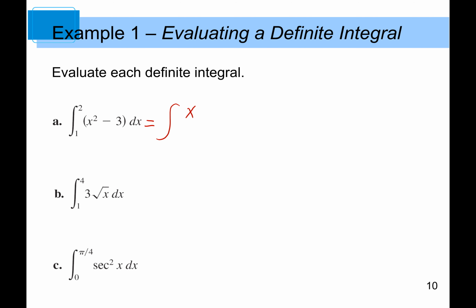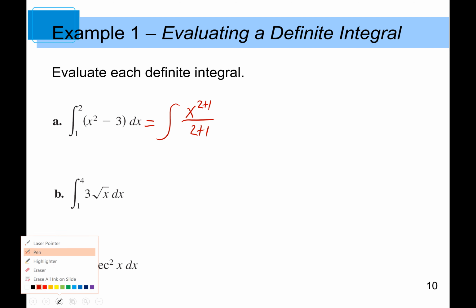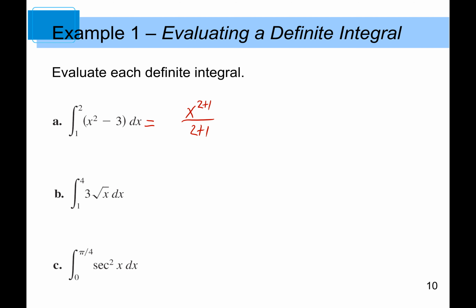So for x squared, you apply the power rule: x to the 2 plus 1 over 2 plus 1. And the antiderivative of 3 becomes 3x. Any constant becomes a linear term, right? Then multiply by x. It's from 1 to 2.